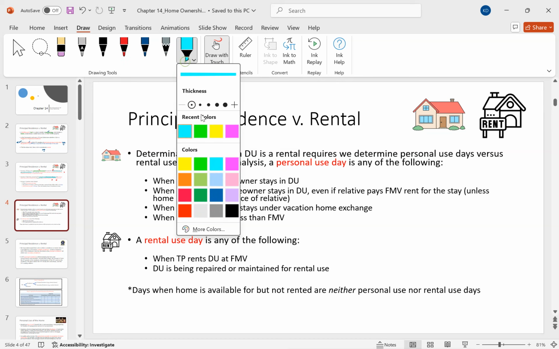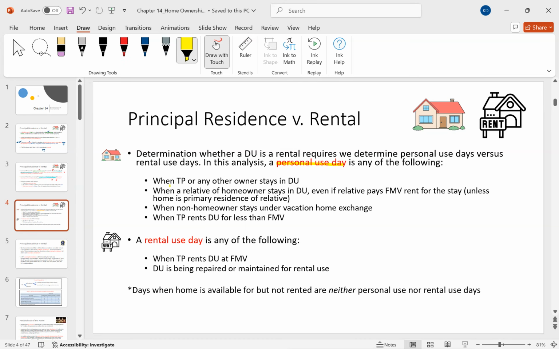How do we determine this? A personal use day is typically whenever the person lives and stays there. Hey, I'm living here, I just had a day, I came home from work, I watched TV, I slept there. That would generally be a personal use day. There are other variations of that.